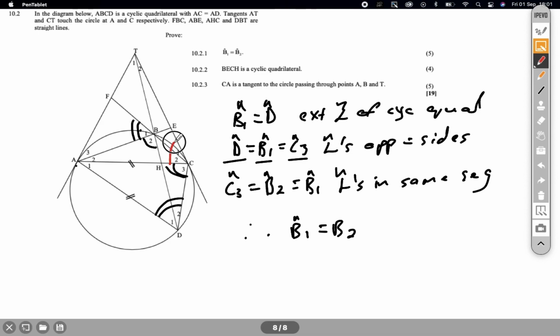This whole angle C here, C1 and C2, is equal to D1 and D2 due to the tan chord theorem. So angle D is equal to C1 plus C2, tan chord theorem.